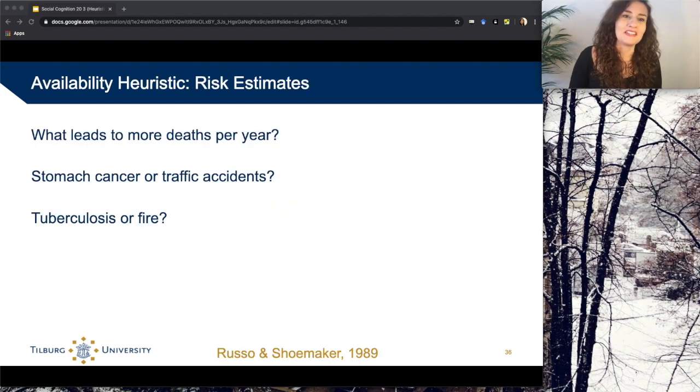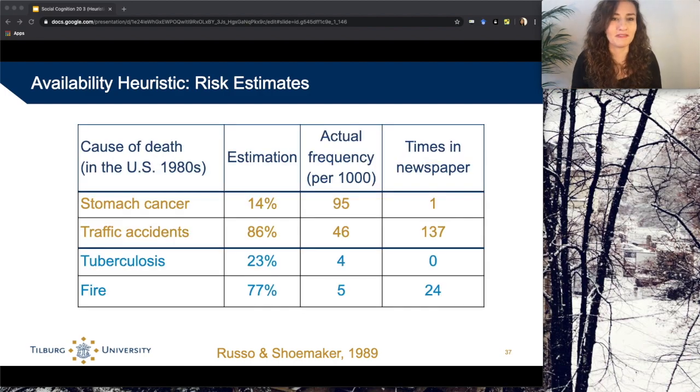Similar examples are our risk estimates. So in Russo and Shoemaker, people were asked to estimate what leads to more deaths per year: stomach cancer or traffic accidents, or tuberculosis or fire. Now we have, in this data set, actual frequencies of deaths in the US in the 80s.